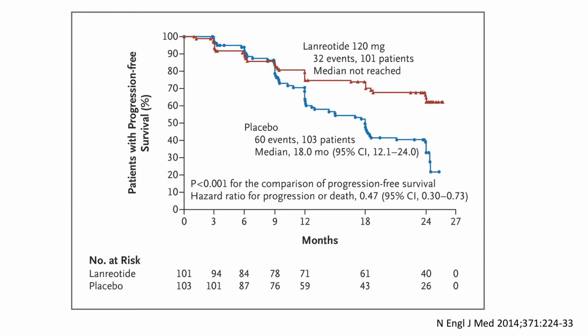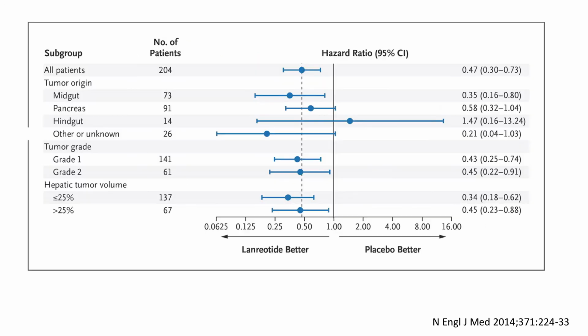So this is their graph. They got a little bit more patients in because they did their study later. We have 100 patients in the arm. This is progression-free survival on the top and placebo on the bottom. And when we look at who benefited from this treatment, it looks like all patients tended to benefit regardless of where their tumour was, and importantly, what grade it was.